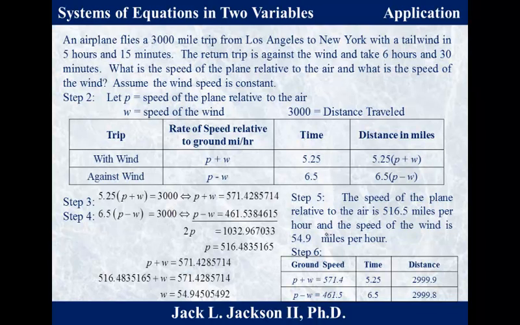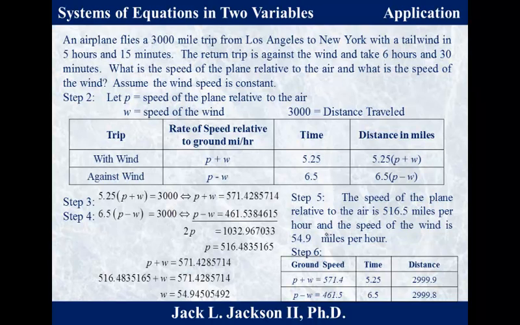So the trip with the wind, that is Los Angeles to New York, is going to be the rate of speed relative to the ground times the time in hours equals the distance in miles. So with the wind, we have the speed of the plane plus the speed of the wind. So that's P plus W, the speed relative to the ground.